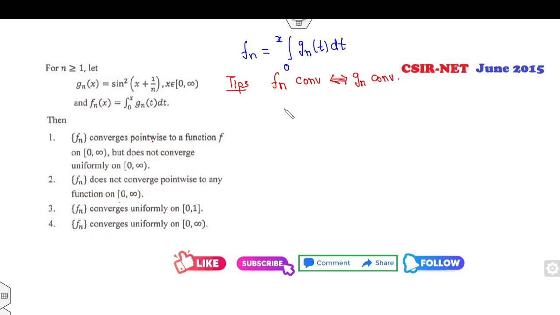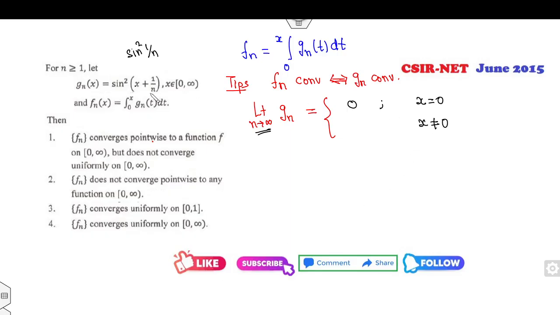So firstly, pointwise. What is the limit as n approaches infinity of g_n(x)? We can consider two cases: if x is 0, and if x is non-zero. If x is 0, this limit will be sin square of 1 over n, and as n approaches infinity, sin 0 is 0.